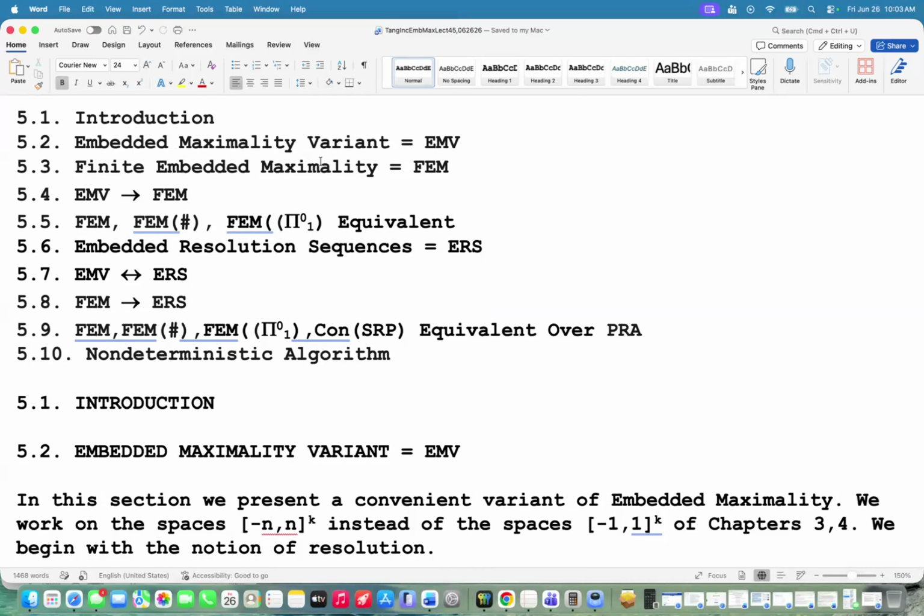So you multiply through by n, so to speak. This EMV, embedded maximality variant, is a kind of trivial thing, but it's important for what I want to do to have those as the integers pulled out of the space. It is a very good idea.